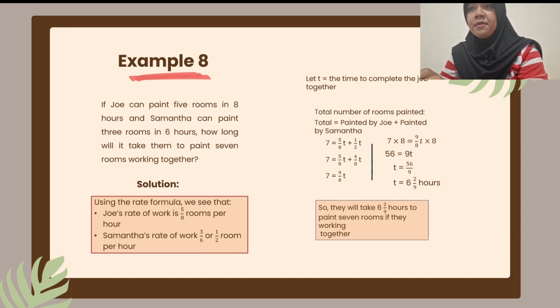So 7 is 5/8 t plus a half t, and 7 is 9/8 t, and we multiply by 8 on both sides, so we have t is 6 and 2/9 hours. So they will take 6 and 2/9 hours to paint 7 rooms if they work together.